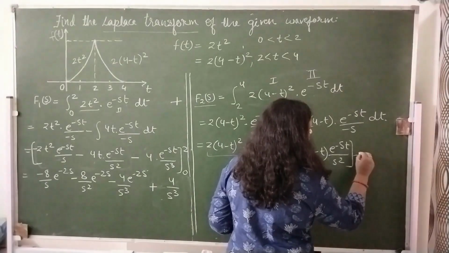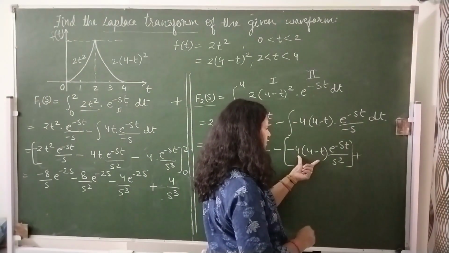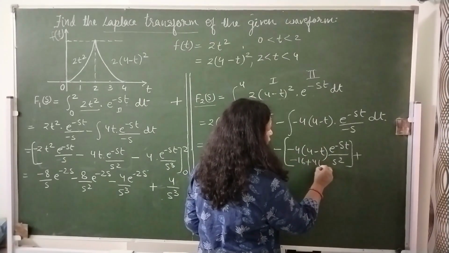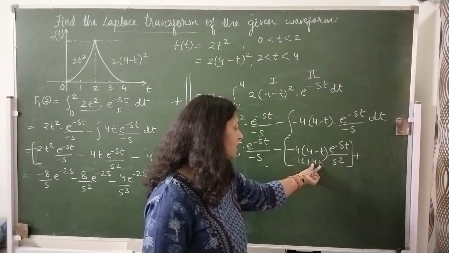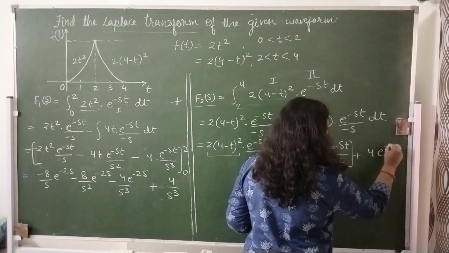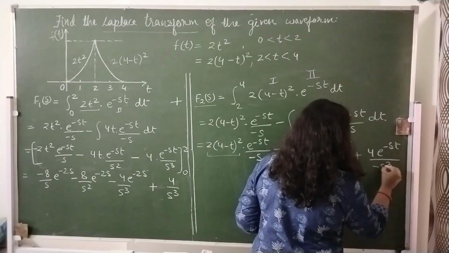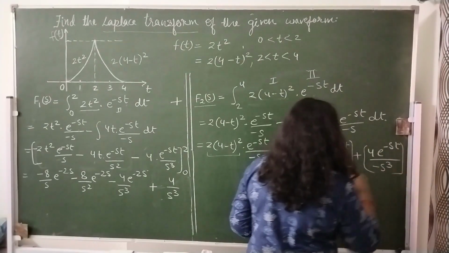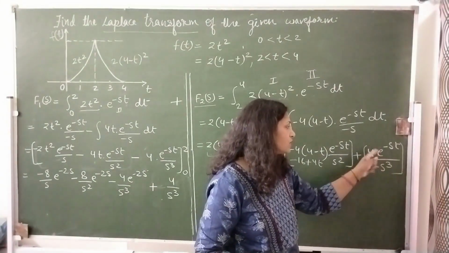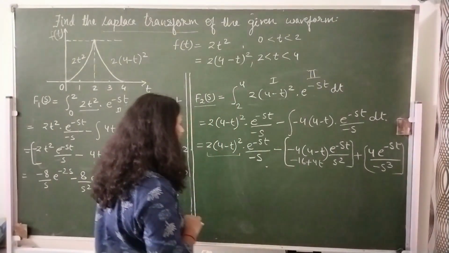Now for the third term, put a plus sign and differentiate this. This is nothing but minus 16 plus 4t. Its differentiation will give us 4. So plus 4 e to the power minus st divided by minus s cube will become our last term. No further differentiation is possible for this 4, so this is our last term.